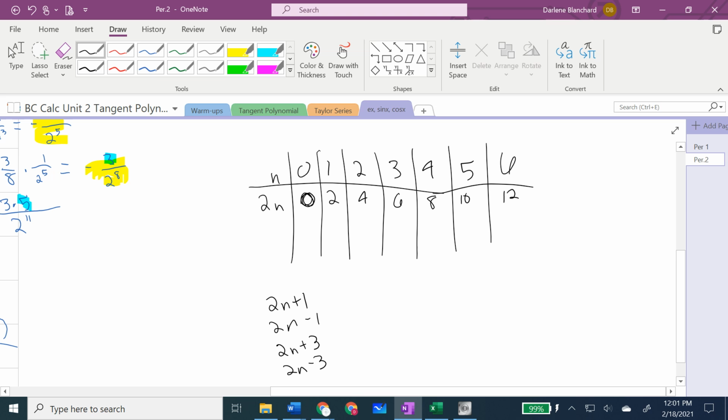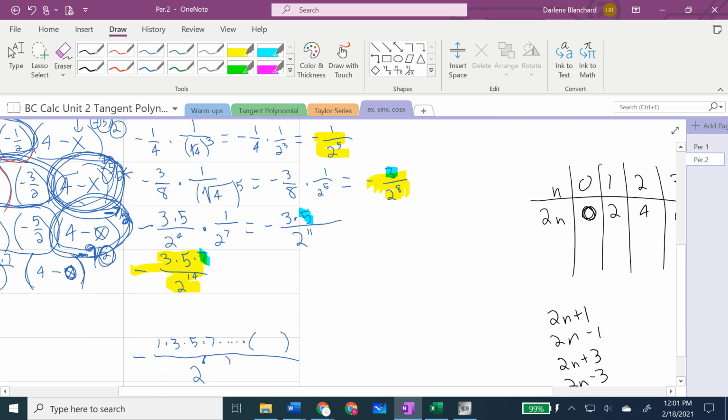But basically 2 times n plus or minus an odd number. And once you realize that that is the formula that's going to get you to odd numbers only, you now have that in your pocket ready to use anytime you need it.